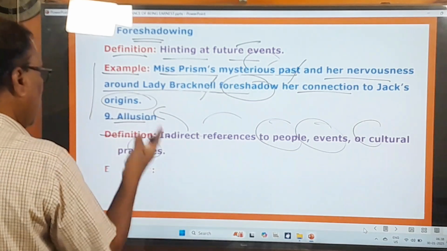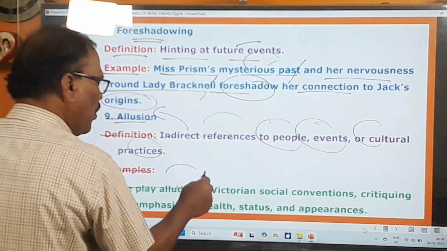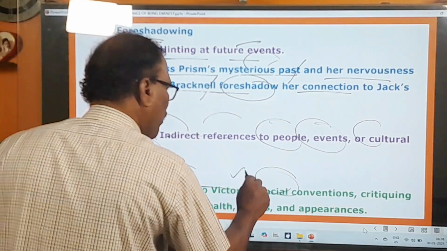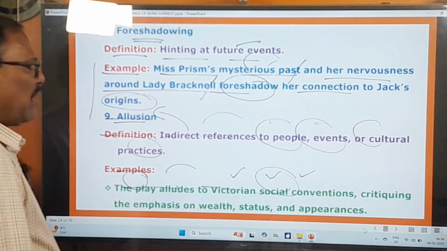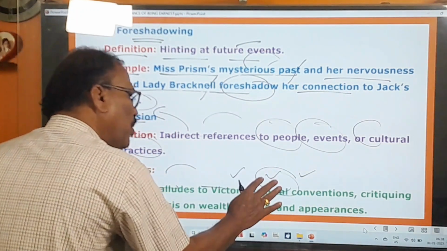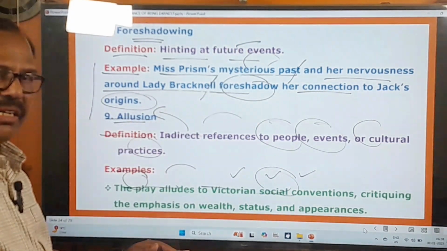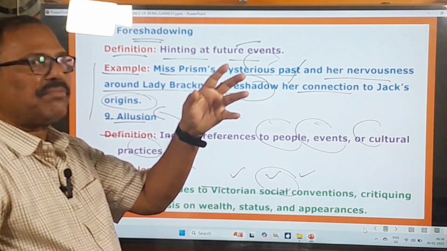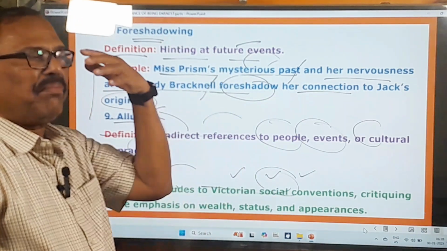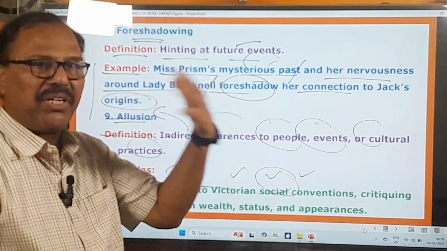Okay, and in this drama one allusion is given. What is that? Here the play alludes to Victorian social conventions. Throughout the play, Victorian social conventions are alluded to, because in this drama Oscar Wilde is critiquing the people of the Victorian era, the societal expectations and social customs of the Victorian era.